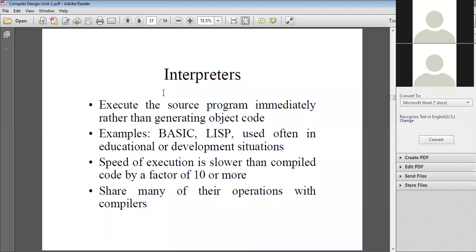But in case of the compiler, it converts the whole program at one time into the machine language. So compilers are faster than the interpreters, even though the work is the same. Functions of both system softwares, that is the compiler and interpreter, are the same, but interpreters are slower than the compilers. The speed of execution of the interpreters is slower than the compiler.